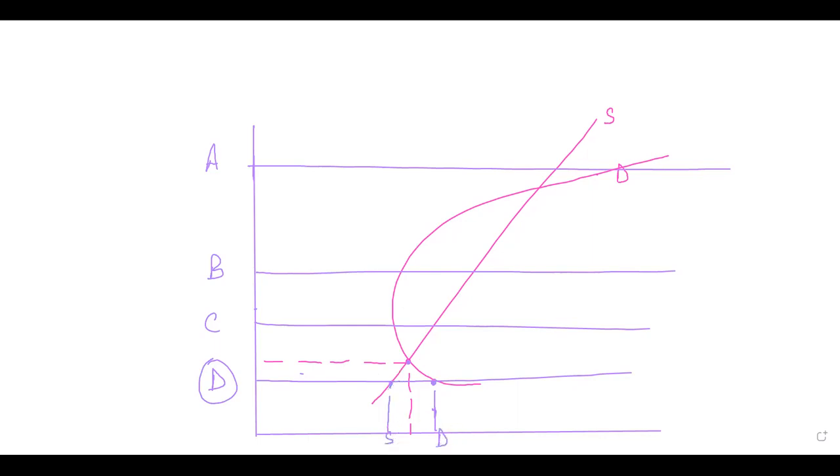When demand is greater than supply, would the price rise or decrease? The price will rise. So you will move from point D to the equilibrium point. Does it make sense? So it's not unstable. Eventually you are moving to the equilibrium.